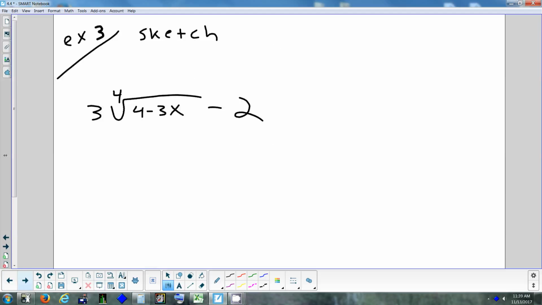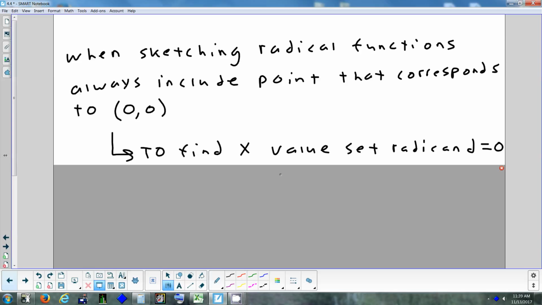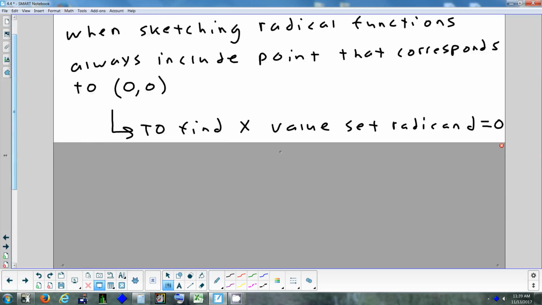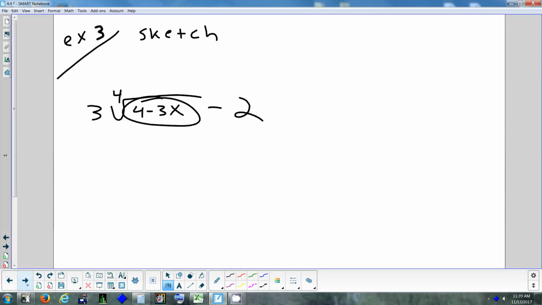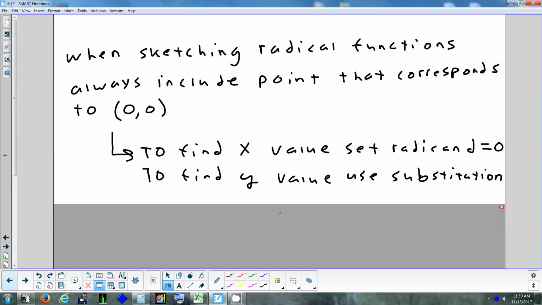Right, so just to show you an example, if I was finding the x value for the start point, I would take that and set it equal to 0, what I just circled. Okay, that gives me the x value. Then once I have the x value, that equation is y equals. If you plug the x value back in, substitution, you can find the y value.